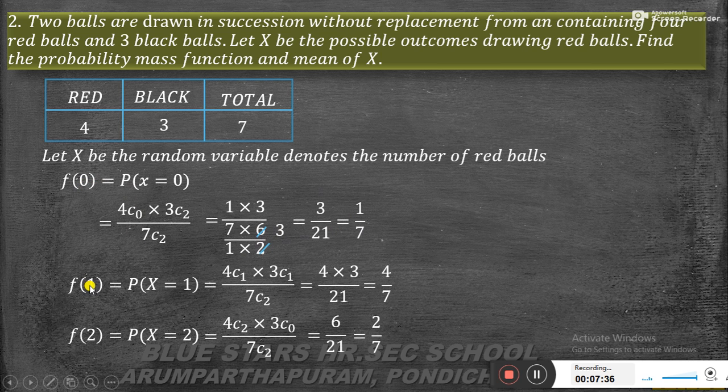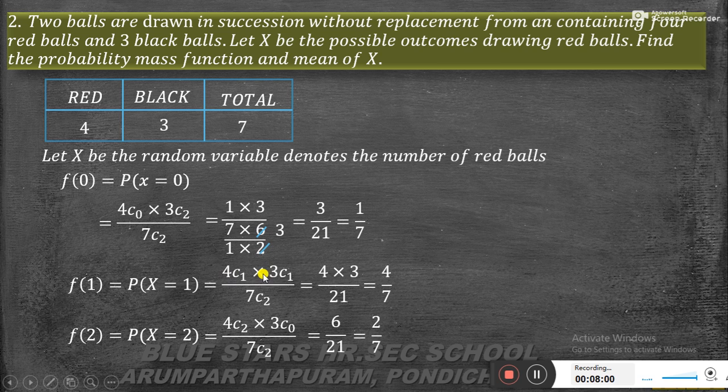Next, f of 1. F of 1 means 1 red ball taken, so the probability of x equal to 1. One red ball means 4c1: out of 4 red balls I take 1. Into 3c1: from the 3 black balls I take 1. Totally 2 balls, 1 red and 1 black.